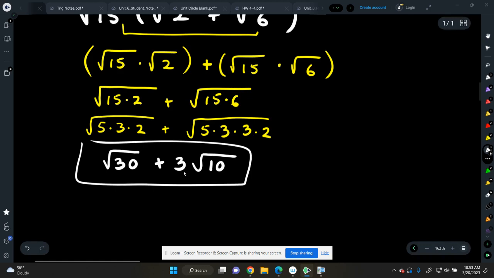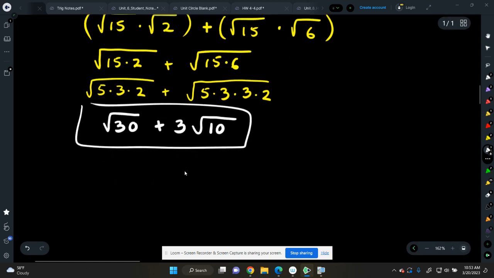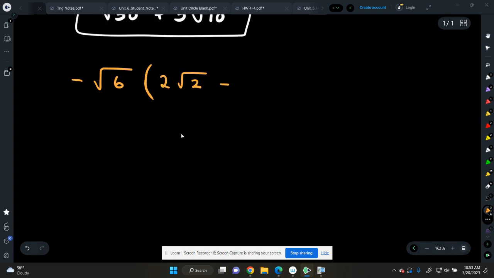Okay, here's a harder one. We don't want you to get bored. Let's do negative root 6 times 2 root 2 minus 4 root 3.